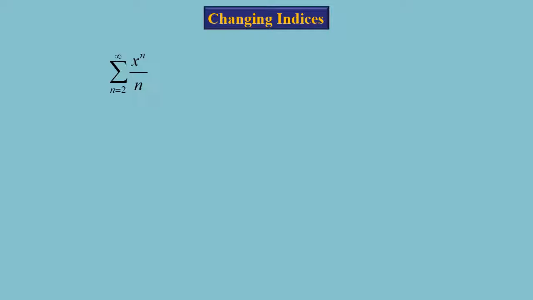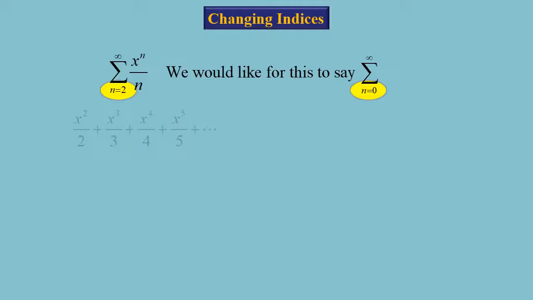Now the last topic we want to investigate is that of changing the indices. So if we had a power series, for example, that started at n equals 2, and for some reason we wanted that to start at n equals 0, then it's kind of like a substitution.